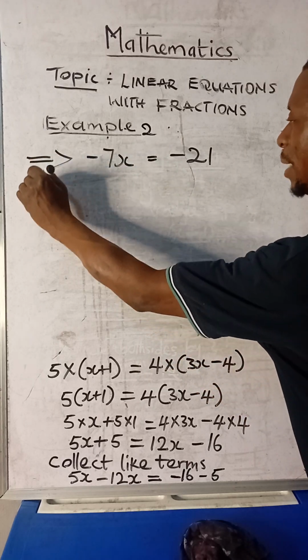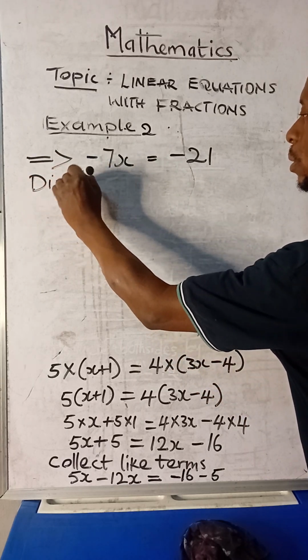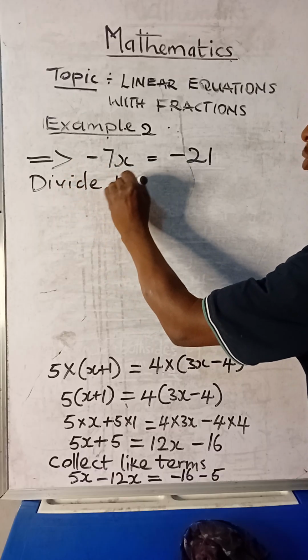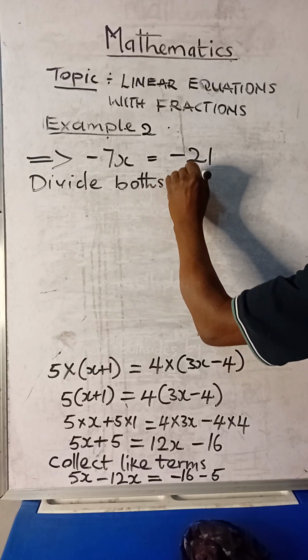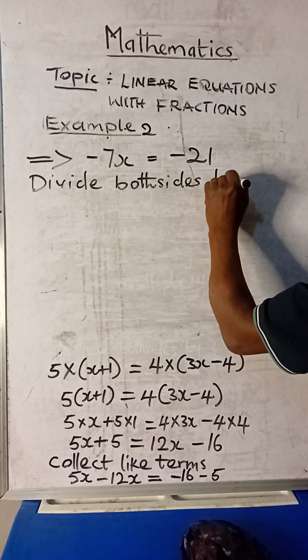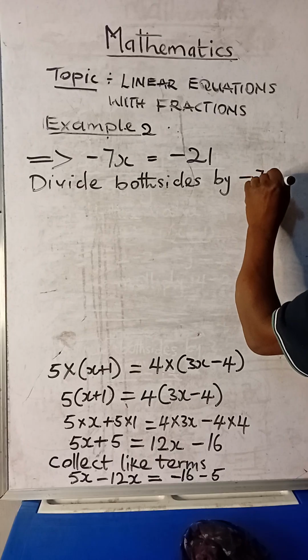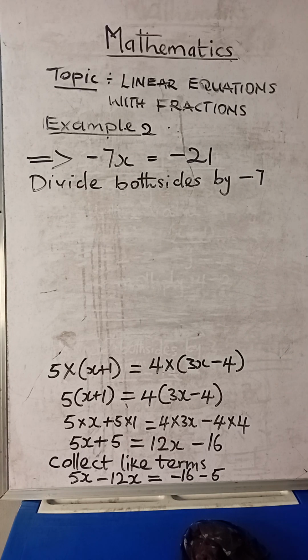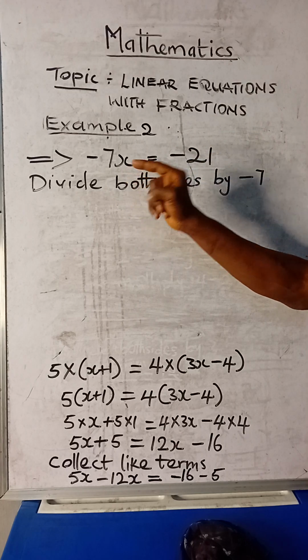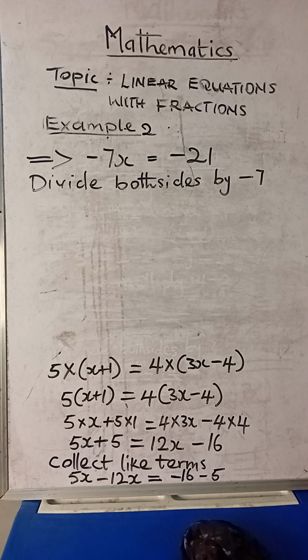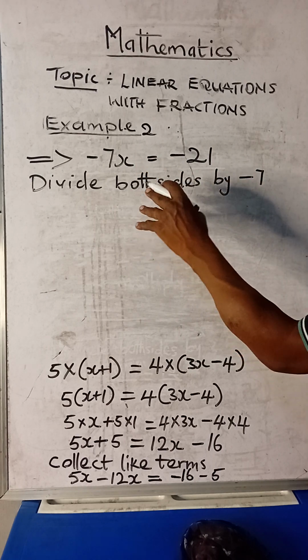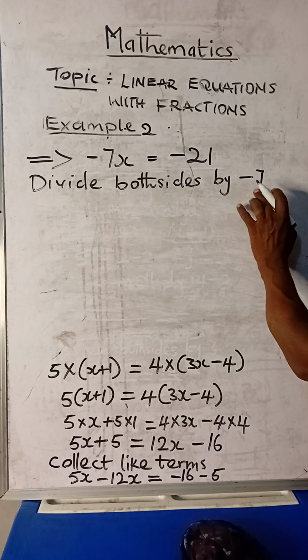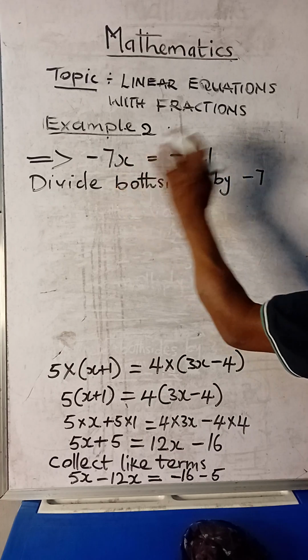We are going to divide both sides by minus 7, which is the coefficient of x. Remember, I told you the number that is close to the unknown variable is called the coefficient. So this is the coefficient of x, which is minus 7 and not 7.